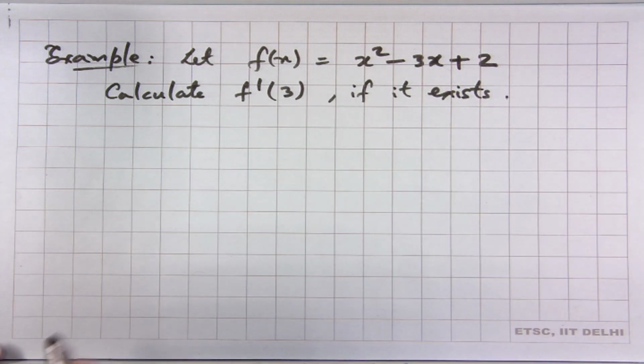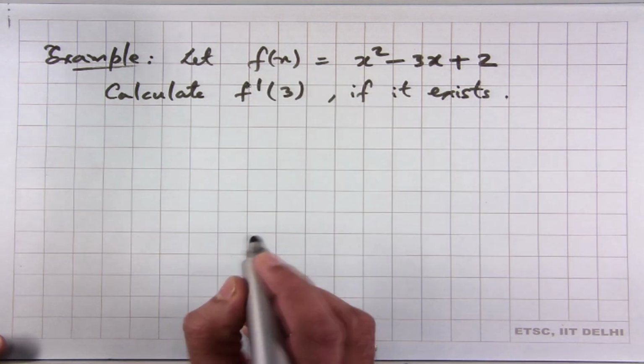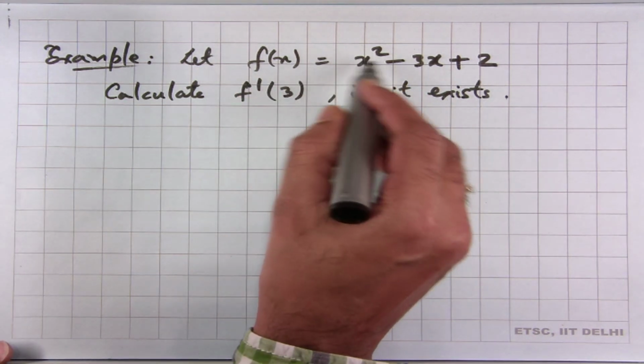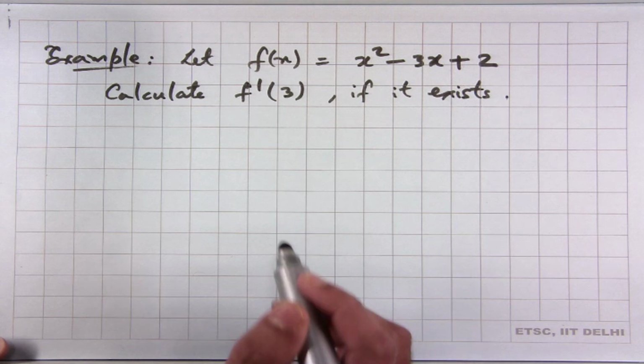So, what we know is that we know the derivative of x square, the derivative of x and the derivative of a constant.